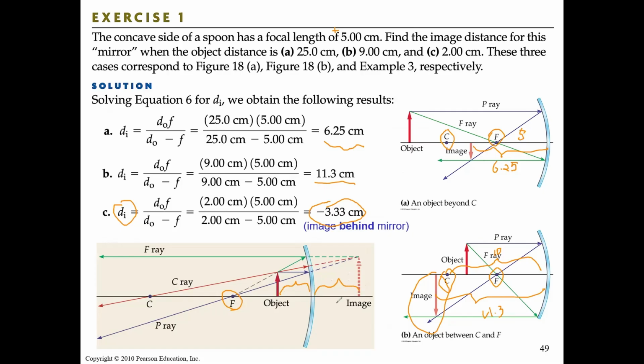So you have a positive DO and a negative DI. Because now you form a virtual image on the other side of the mirror. Okay, and we can find out that this distance between the image and the mirror is just 3.33 centimeters.